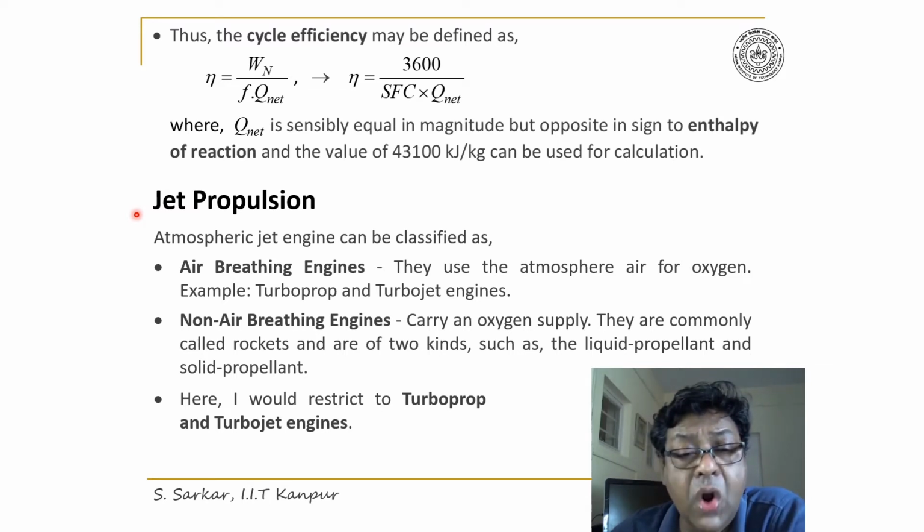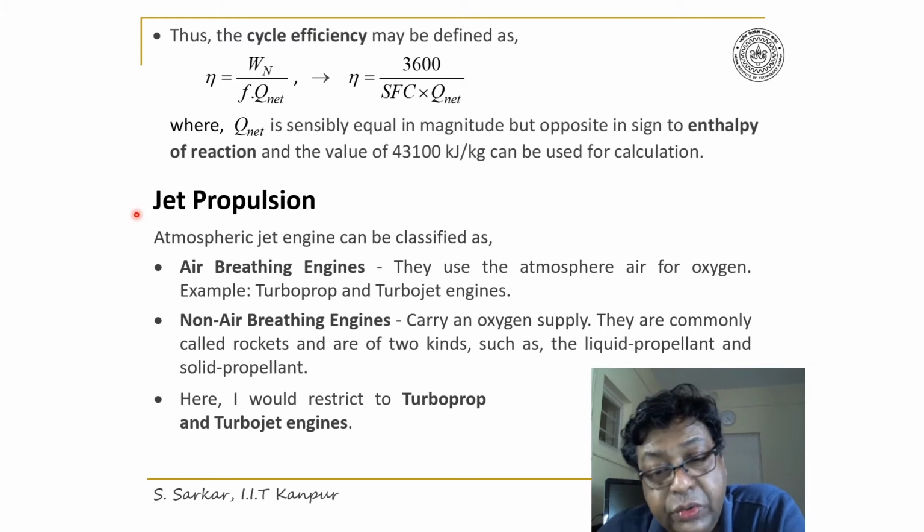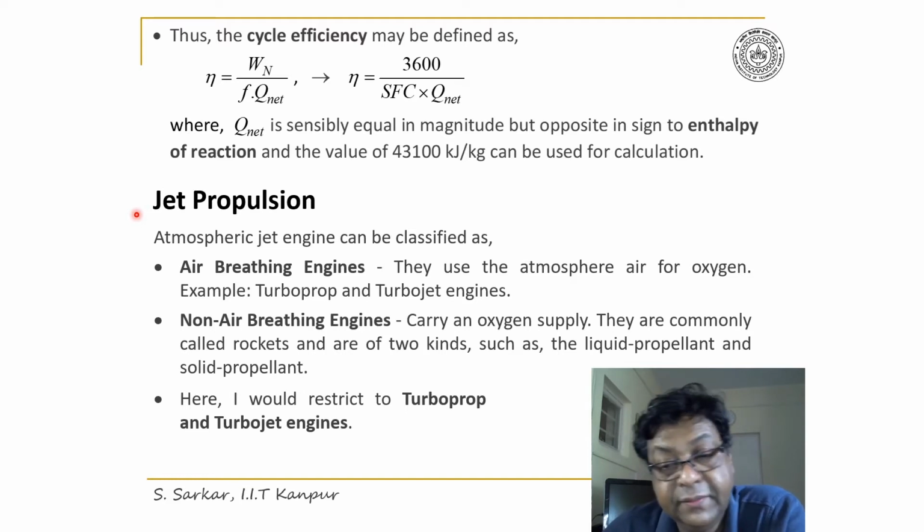They are commonly called rockets, and there are two kinds of engines, the liquid propellant and the solid propellant. Here I restrict to air-breathing engines, that is, turboprop and turbojets.